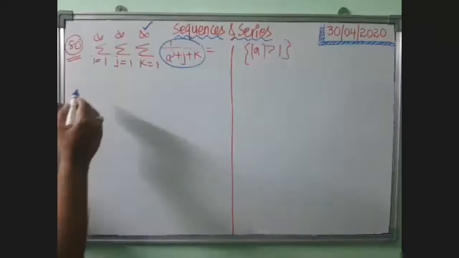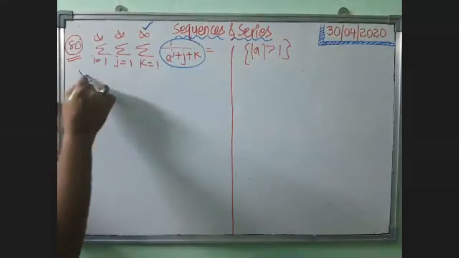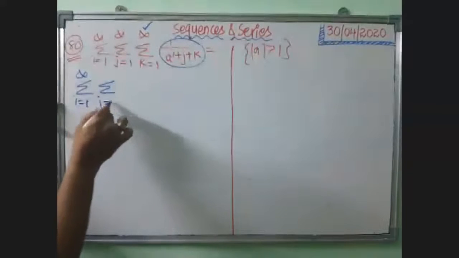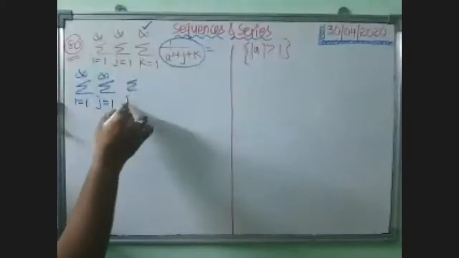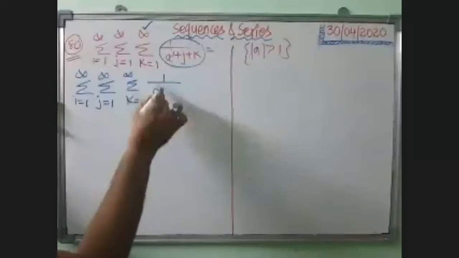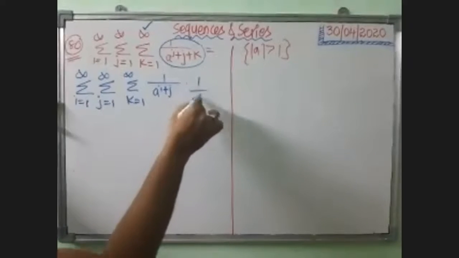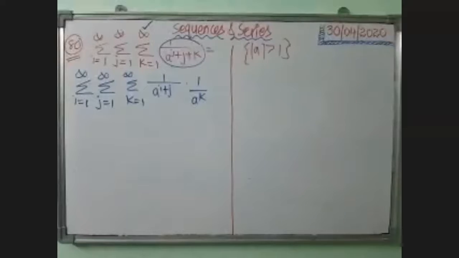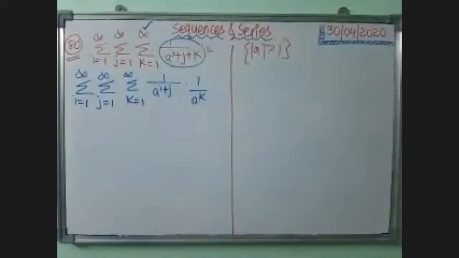So keeping these sigmas as they are, I will write sigma i equal to 1 to infinity, sigma j equal to 1 to infinity, and sigma k equal to 1 to infinity, 1 by a power of i plus j into 1 by a power of k. See here, what I am doing is separating the term with k, because the rightmost sigma is k equal to 1 to infinity.